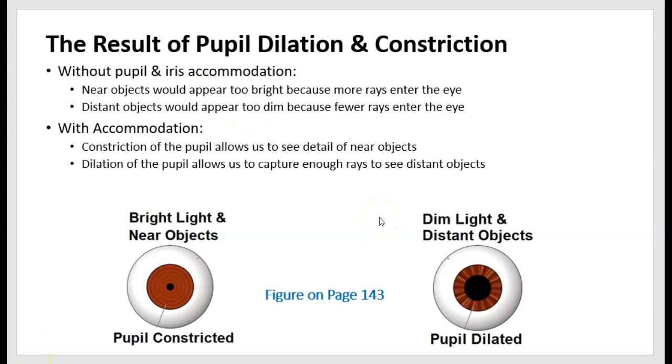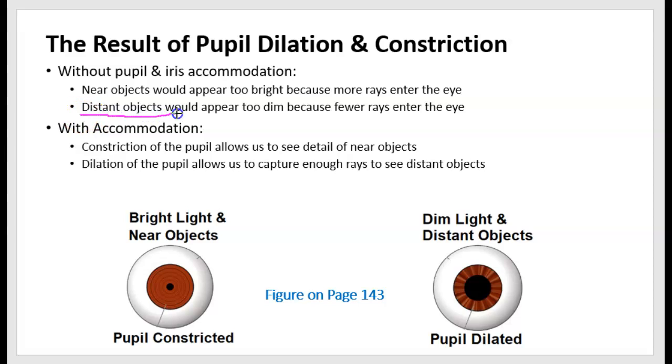This is because objects that are close to us bounce more rays into our eyes. More light rays come off of near objects and enter our eyes. So it could be too many, right? So the pupil constricts in order to limit, because otherwise the near object would appear way too bright.